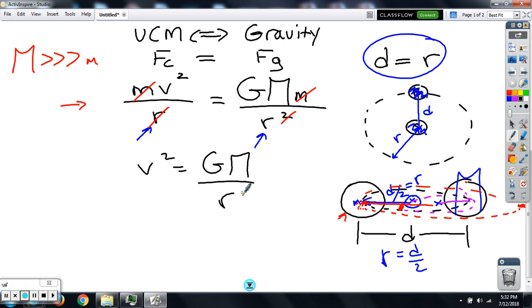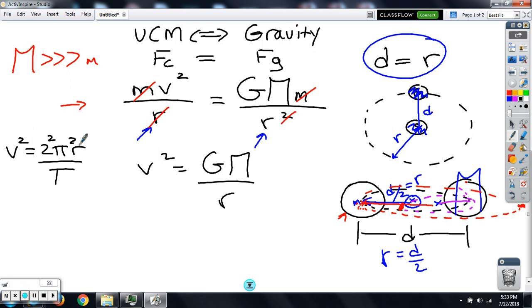But if we want to get the period into this expression, because that's what Kepler's law relates, the period of revolution of these satellites to their distance from the center of their orbit, the way we can bring that in, v is 2 pi r over big T. And I can substitute in this expression for v, but before I do that, let's substitute in what v squared would be.